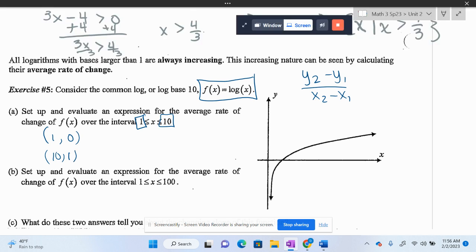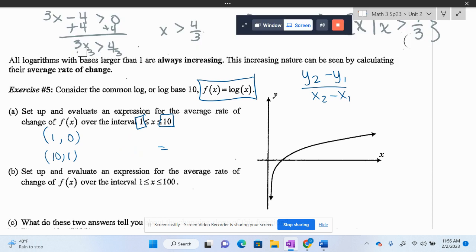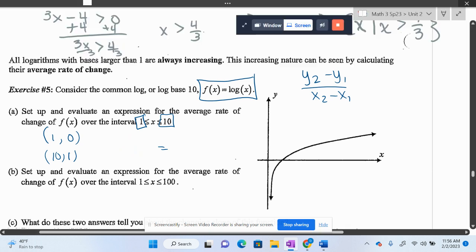The way that you calculate slope is you take the 2 y values and find the difference. So 10 minus 1 over 1 minus 0. No, I have that backwards. Yeah, it's y. Thank you so much. It should be 1/9. It's 1 minus 0.